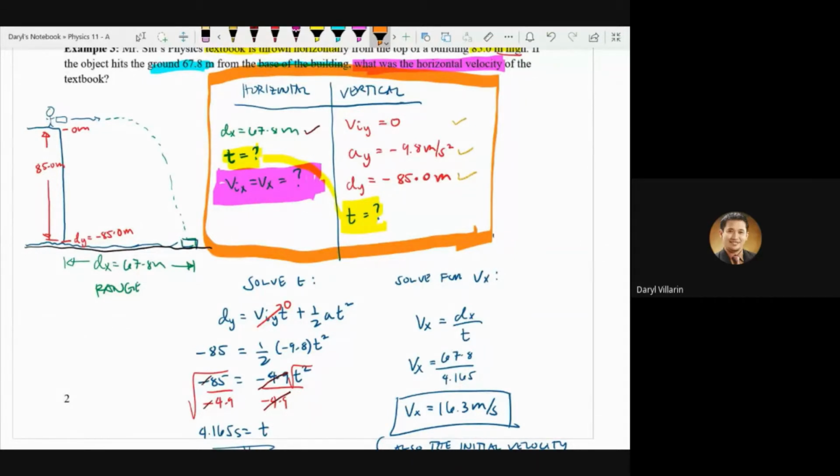That is why it's relatively important, because in some cases, some students will try to use the acceleration along y in solving for the horizontal motion. But for horizontal motion in a projectile motion, the acceleration is always zero.